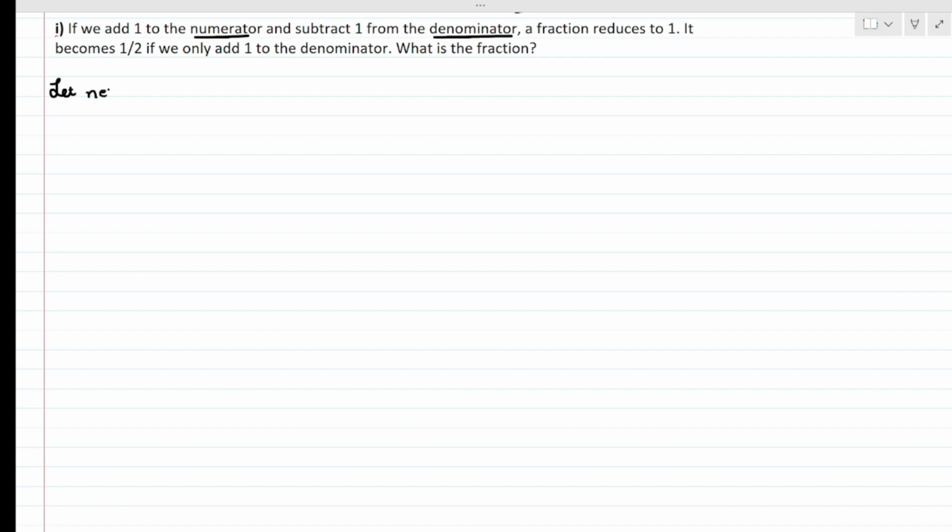Let the numerator be denoted by x, and we are taking our denominator as y.